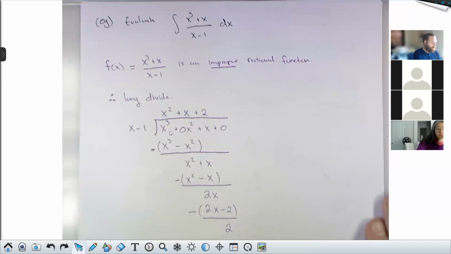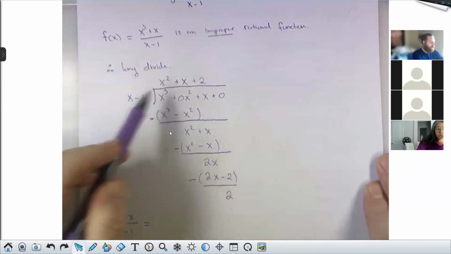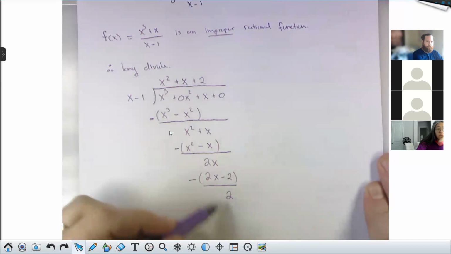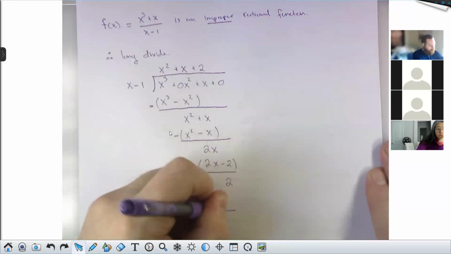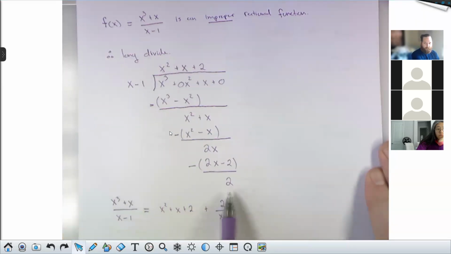So the way you would write this is you would say x cubed plus x divided by x minus 1 is equal to x squared plus x plus 2, but with a remainder of 2, which means you've still got this 2 over x minus 1. This part is not cleanly divisible by x minus 1, so you just have to write it as 2 over x minus 1 left over.